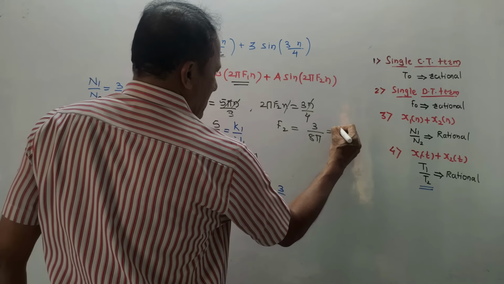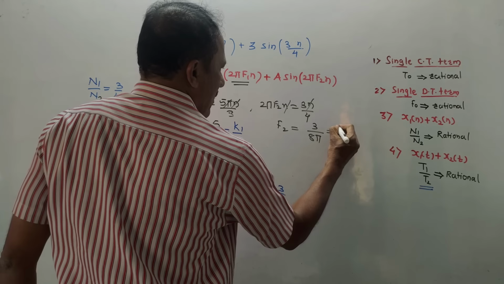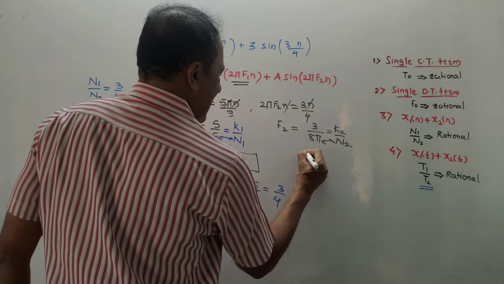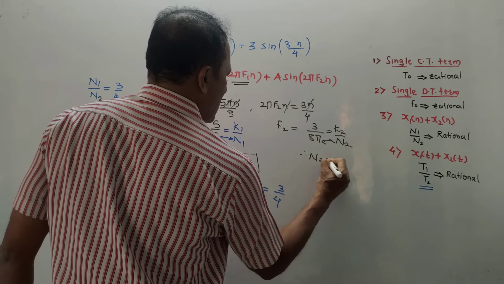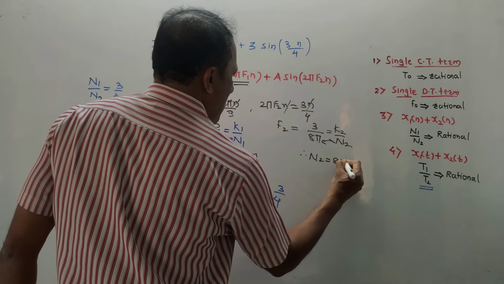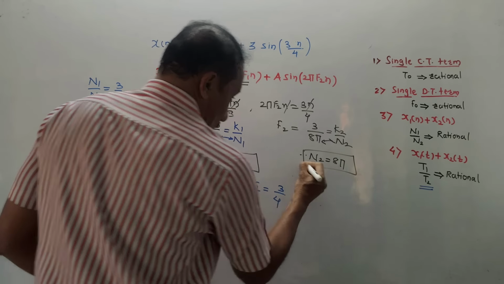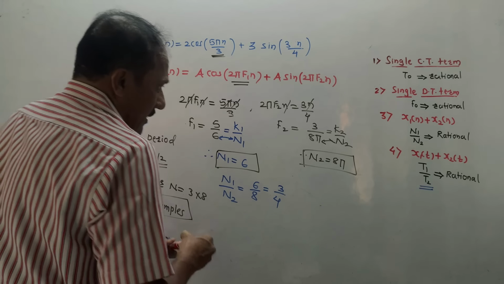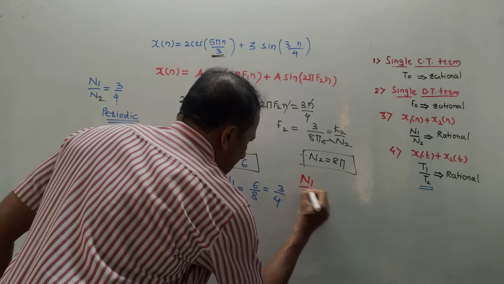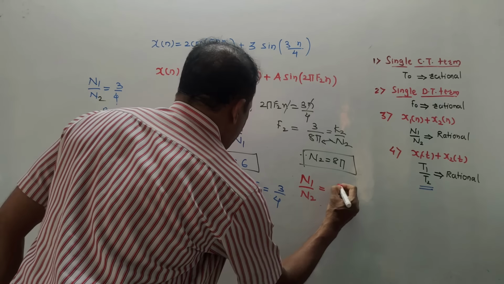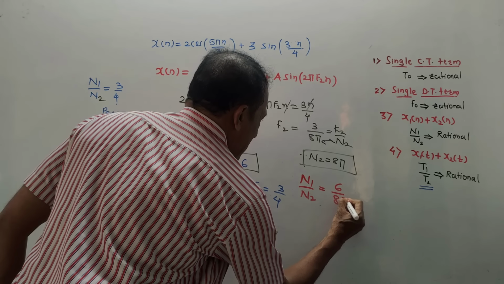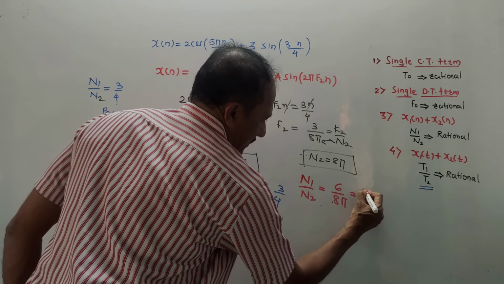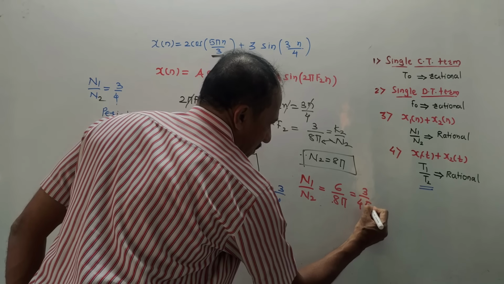Now f2 can be expressed as k2 upon n2. So in this case n2 is 8 pi. Therefore n2 is equals to 8 pi. So if you take ratio of n1 and n2, then this ratio in this case n1 by n2 will become 6 by 8 pi, which is, if you divide numerator and denominator by 2, it becomes 3 by 4 pi.